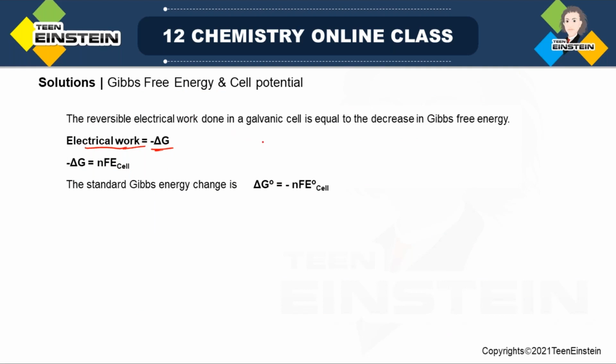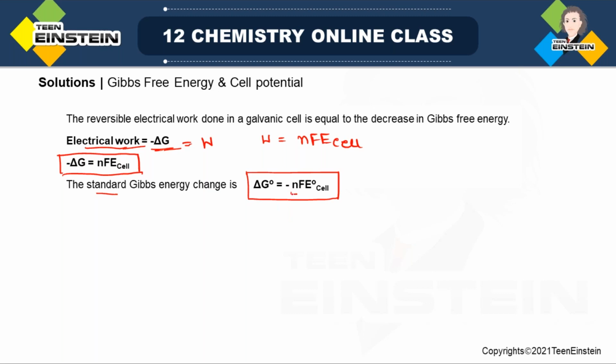Now, in the previous slide you have already seen that the work done is equal to nFE cell, but W is also equal to minus del G. So minus del G will be equal to nFE cell. Ultimately, for standard conditions, the very important relationship we get is del G naught equals minus nFE naught of the cell.